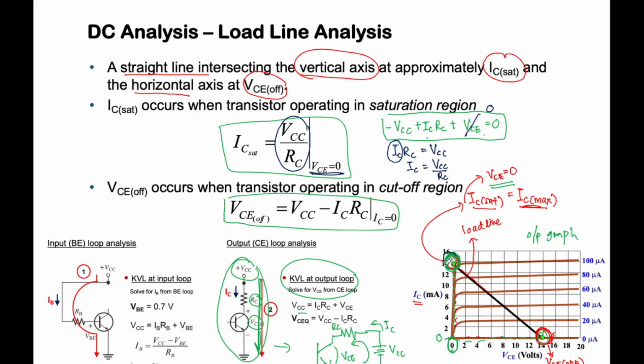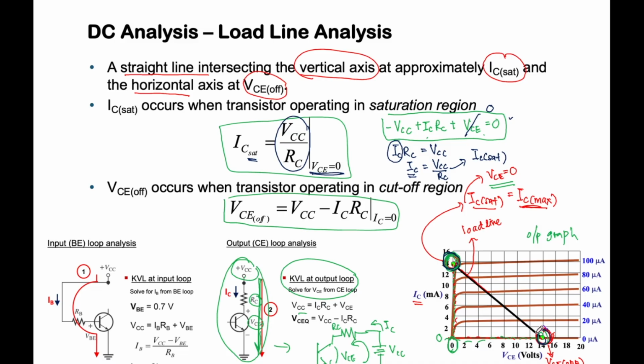So you will get this one point. The IC that you calculated here is the IC saturation, which is why it is written as IC saturation. Next, how do we get this other point? For this particular point, we know our IC is equal to 0. So back to this equation, I'm using my purple color.